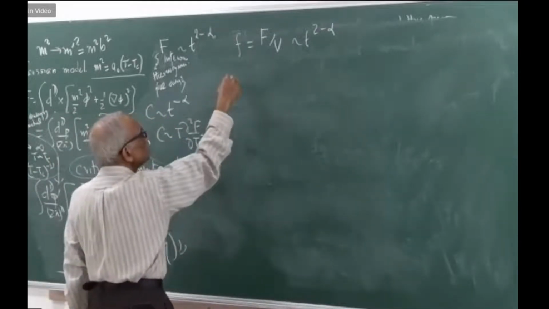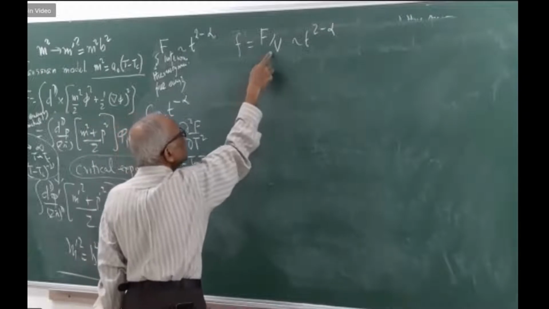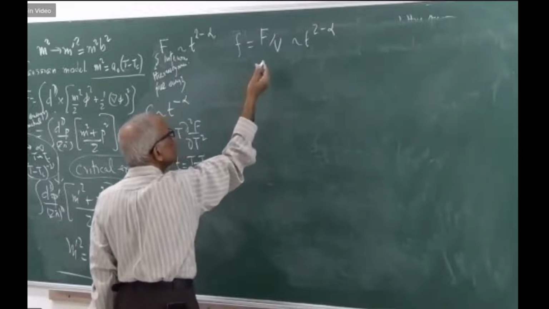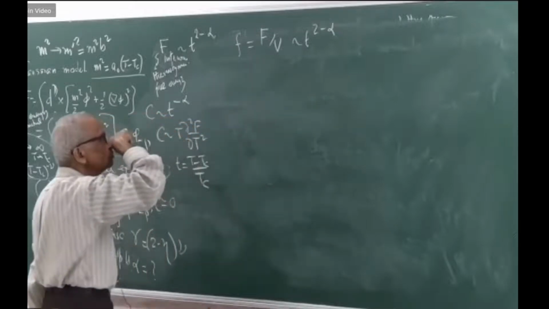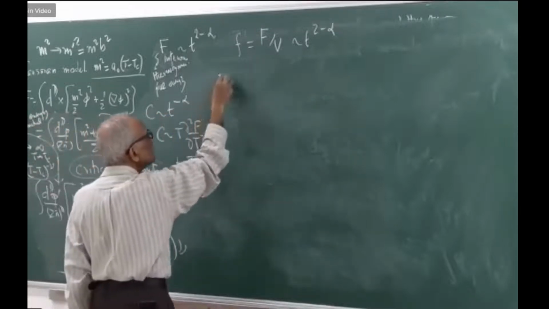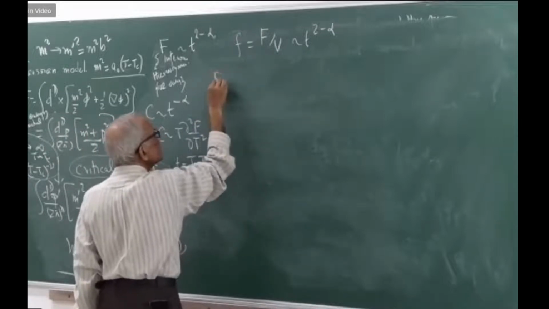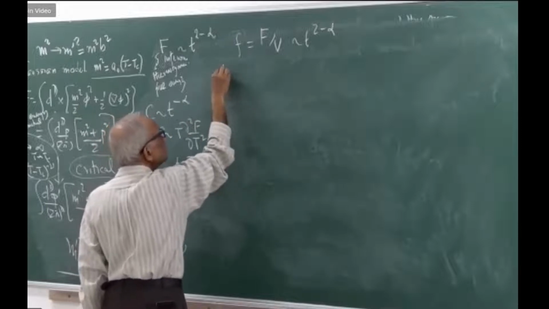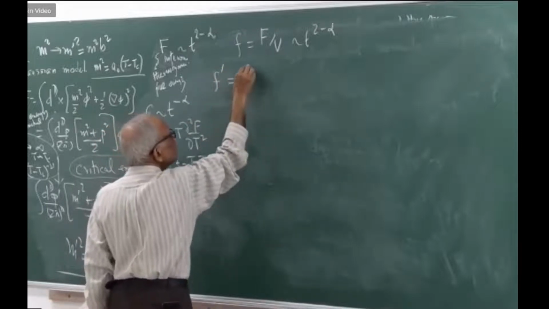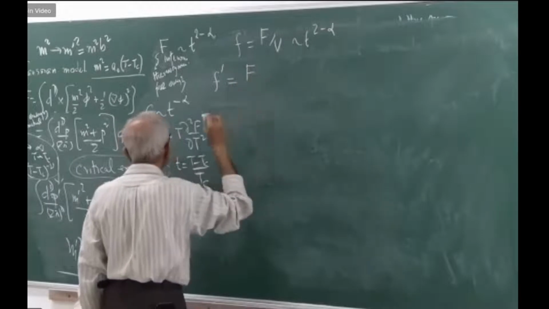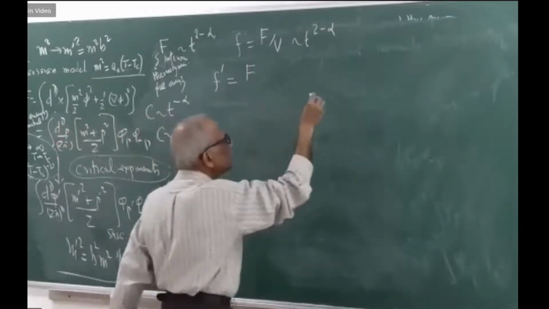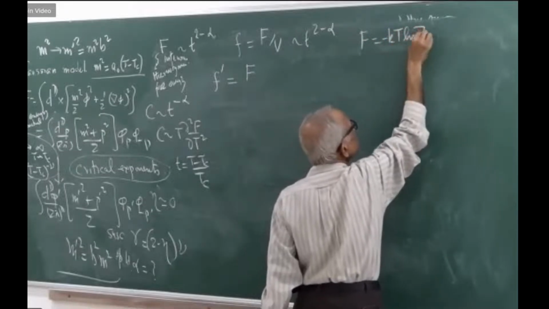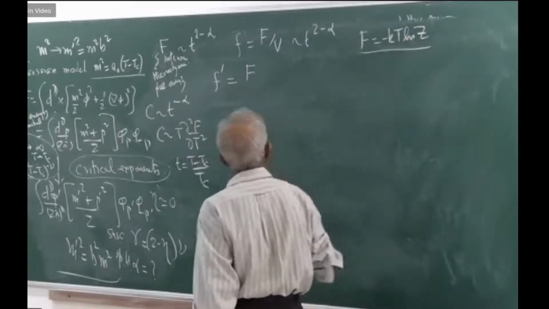And now the question is, how does F behave under rescaling? The free energy is a number. F is equal to minus kT log Z. So F is just a number.